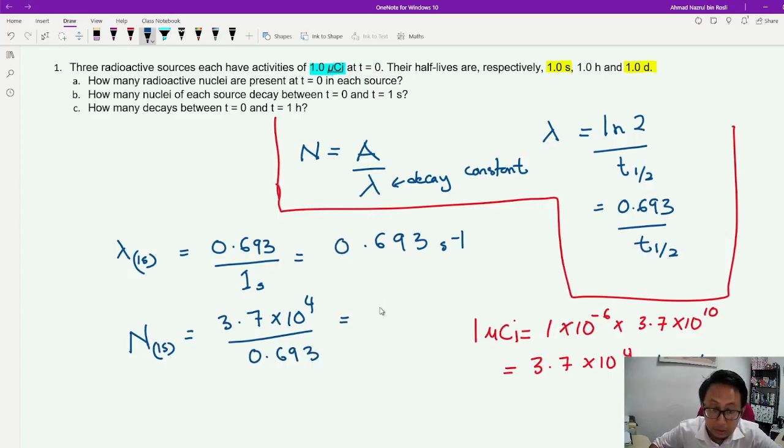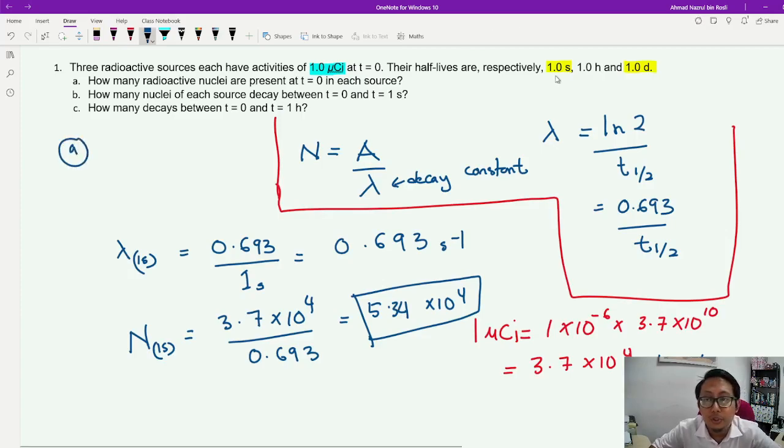So the answer here is 5.34 times 10 power of 4. This is the answer for the source with 1 second half-life, the number of radioactive nuclei.